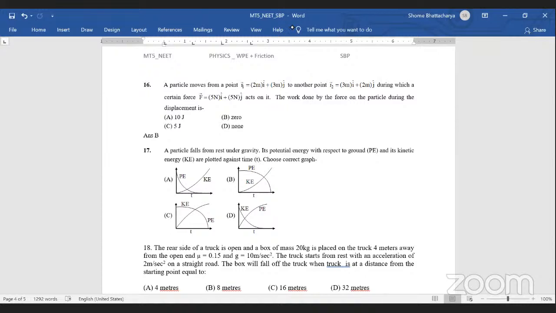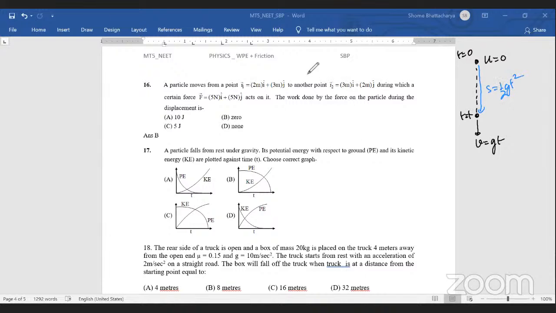So let's understand what is happening in the 17th question. As an object is dropped from a certain height, at a certain time its speed will become gt and its downward displacement will become half gt square.